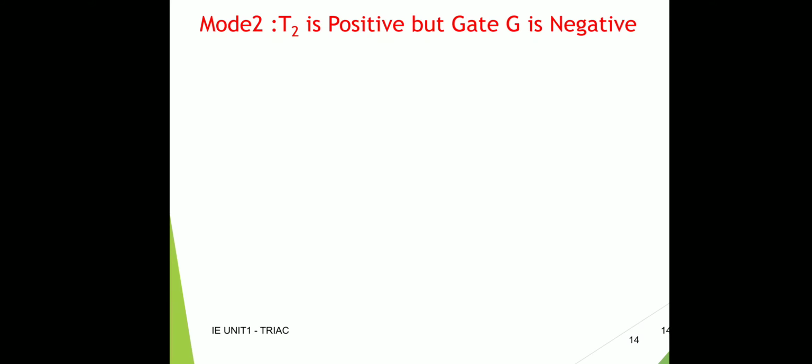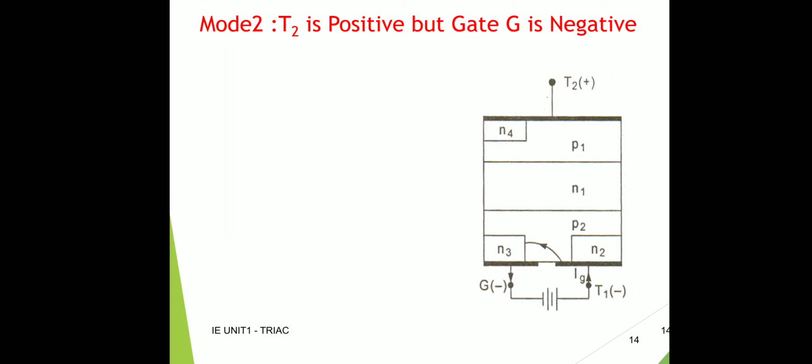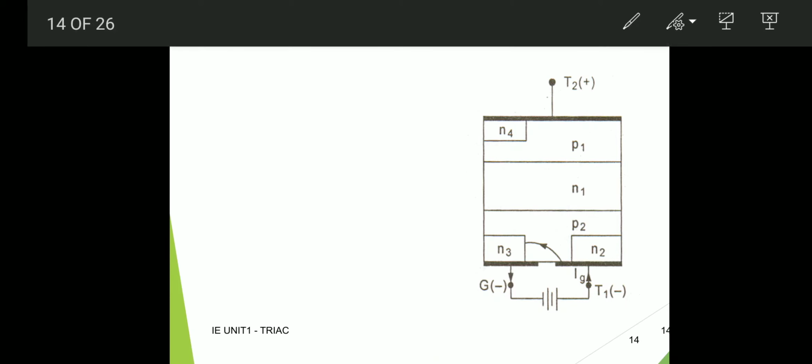Next, the second mode: T2 is positive but the gate is negative, with respect to T1.